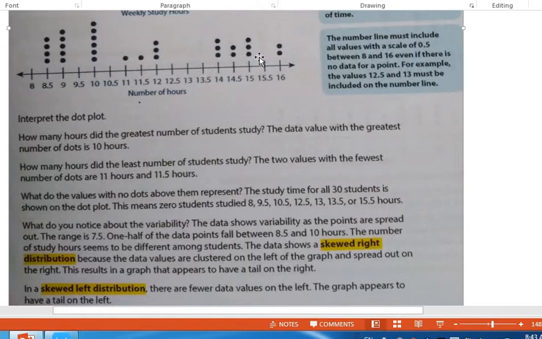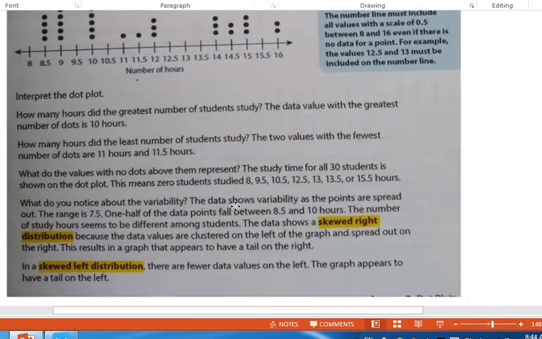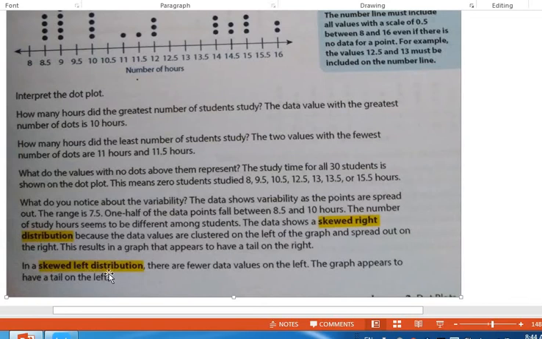So it's called skewed right. This results in a graph that appears to have a tail on the right. We call it a skewed right distribution. In a skewed left distribution, there are fewer data values on the left, and the graph appears to have a tail on the left. Not in this example, but in an opposite example. Here I have a right skewed distribution, as you see.